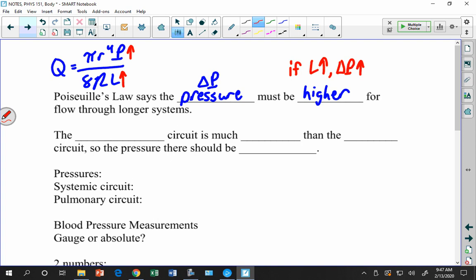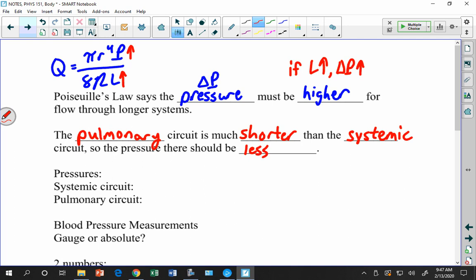Not that far. The pulmonary circuit, which is much shorter than the systemic, the pressure there should be less.